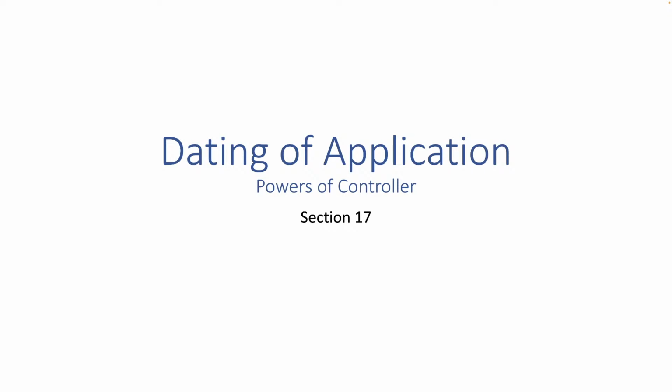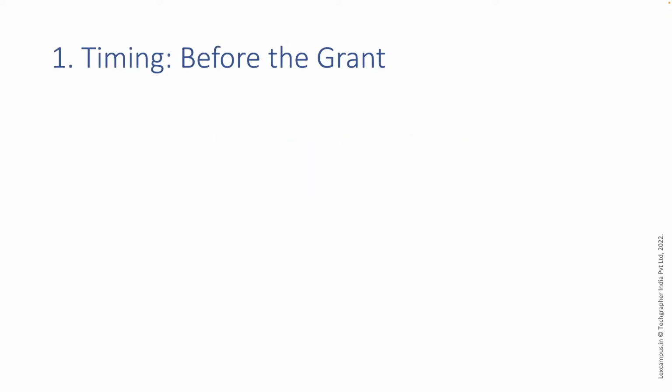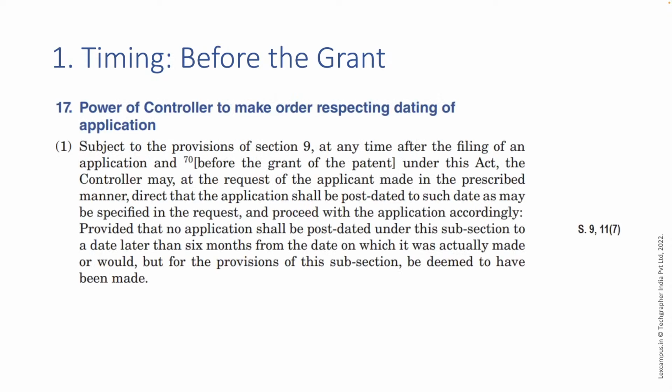Okay, let's go ahead with today's session, dating of application, powers of controller, section 17. The first thing you need to remember when it comes to dating of application is the timing when the dating can be done. Section 17 very clearly mentions that the timing is before the grant.